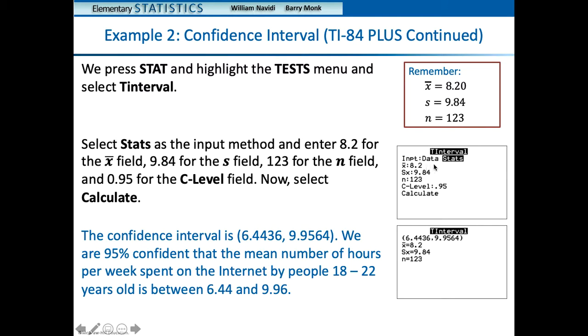Type in 8.2 for the sample mean, 9.84 for the sample standard deviation, 123 for the sample size, 0.95 for the confidence level. Highlight the word calculate, press enter, and it gives you your confidence interval there, your sample mean, sample standard deviation, sample size, and so on. Okay? So that is how you would do it with your TI-84.